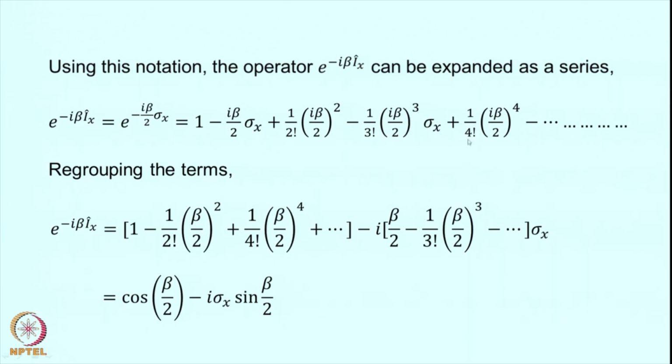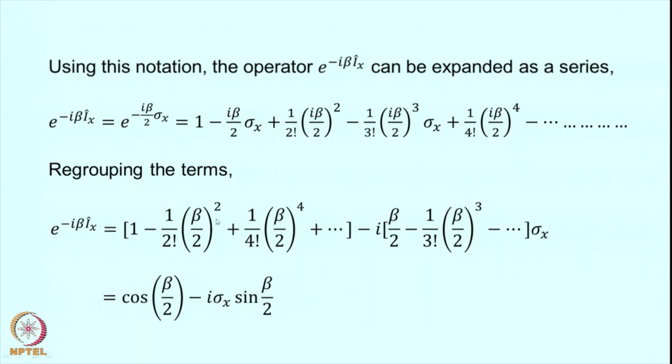And likewise 1 by 4 factorial, i beta by 2 to the power 4, and sigma x to the power 4 is again 1. Therefore, you will get this infinite series. There are terms which depend on sigma x, and there are terms which do not depend on sigma x. Now we regroup these terms and put all the terms which do not depend upon sigma x as 1 minus 1 by 2 factorial beta by 2 to the power 2.